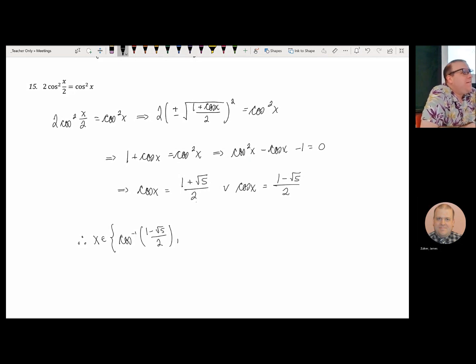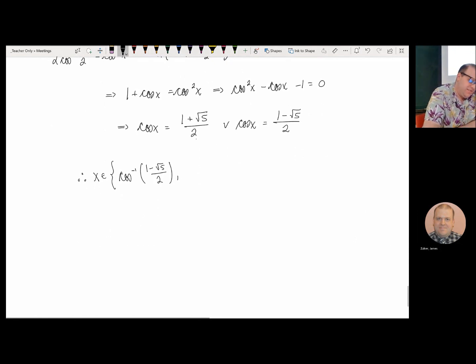There is another one. That's the inverse cosine. You're also going to have a quadrant 3 solution.